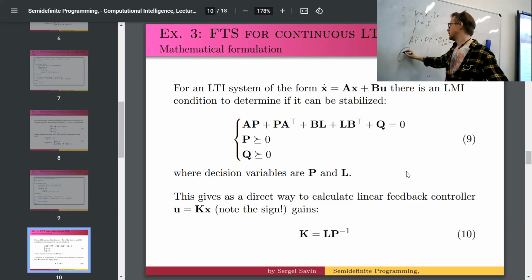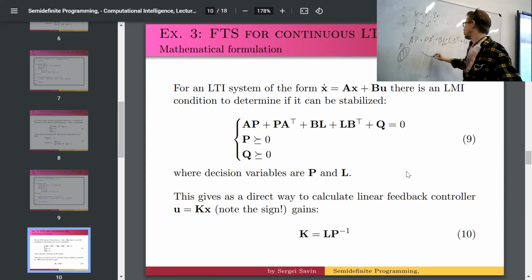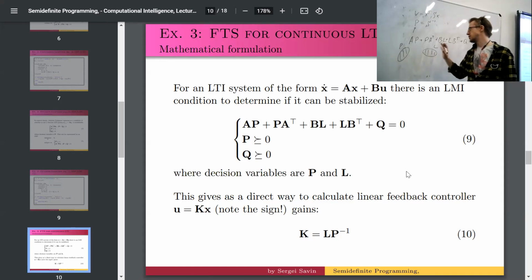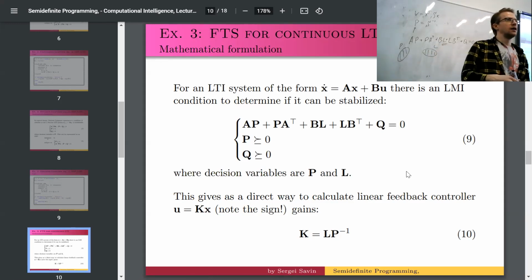It's described by an ellipsoid P. And this is describing your control set. So basically what you're saying is, for any element in this ellipsoid, we'll find an element in this ellipsoid that would make it stable. All right, so this is basically the idea.